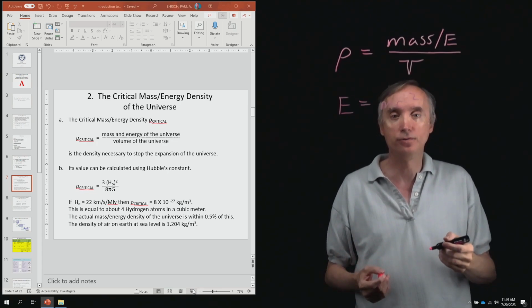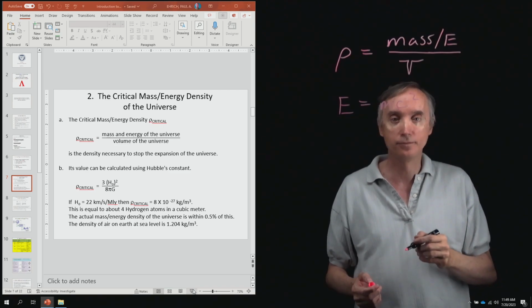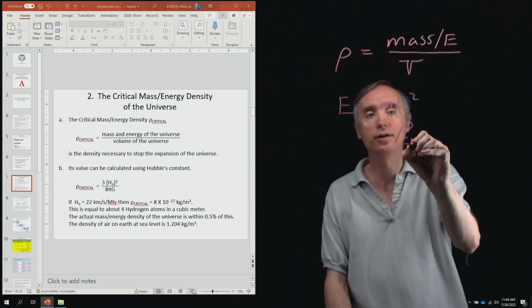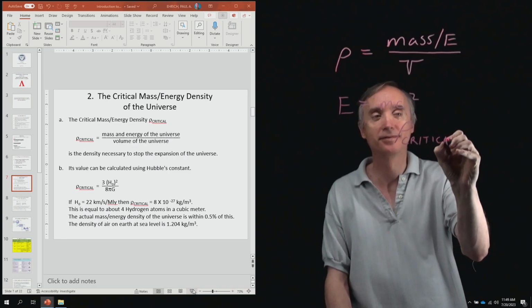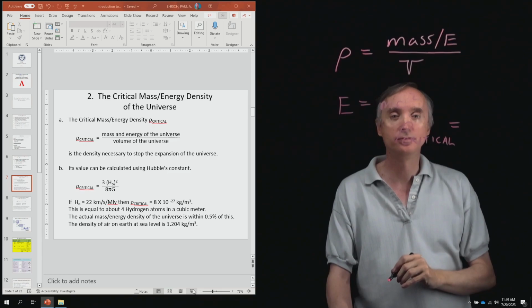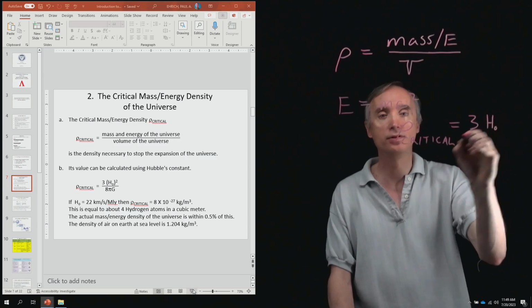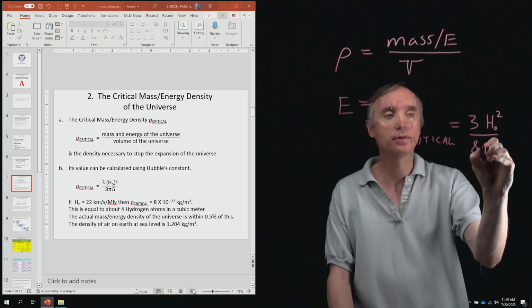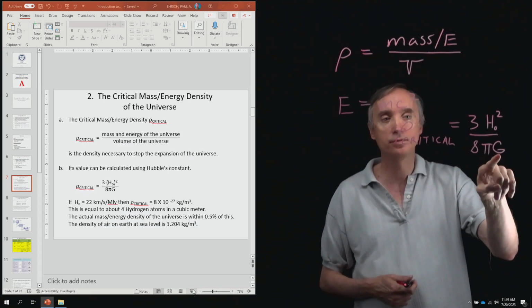Now, the value of the critical mass energy density can actually be calculated by using Hubble's law. And so we have that rho critical is going to be equal to 3 times Hubble's constant, but you need to square it, and then divided by 8, and then pi, and then big G. So notice that it depends on gravity.